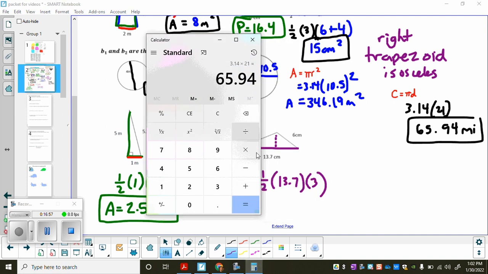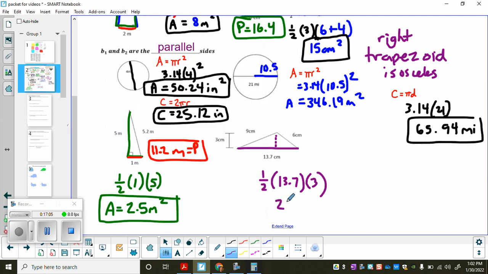I know half of 3 is 1.5, so I'm just going to use the 1.5, and then times 13.7. Cool, 20.55. So that's the area, 20.55 square centimeters. And even though it looks like centimeters squared, we say square centimeters.